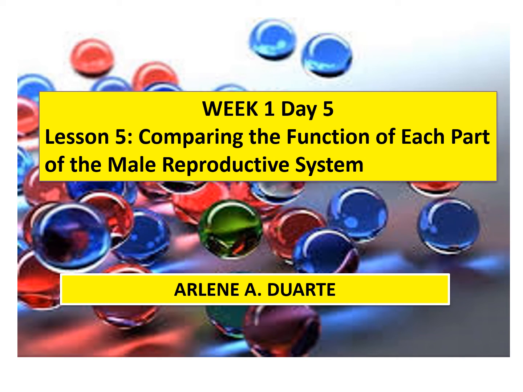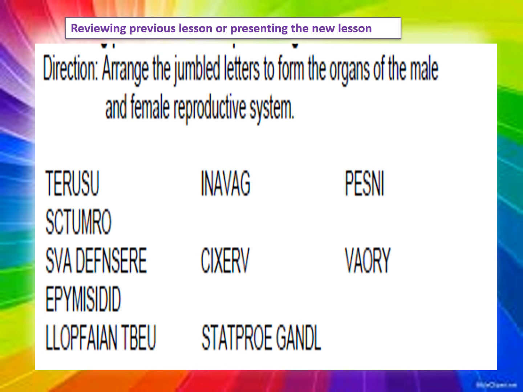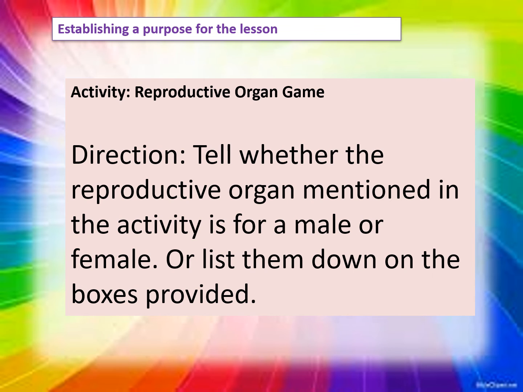Week 5, comparing the function of parts of the male and female reproductive system. Arrange the jumbled letters to form the organs of the male and the female reproductive system.